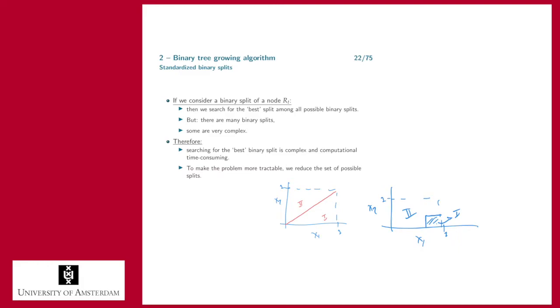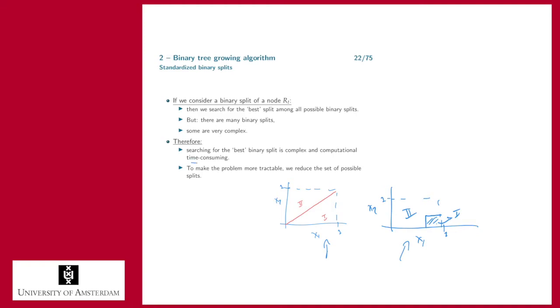If we look for the best split, meaning the split that gives us the biggest reduction in variability in each subspace, we have to consider a lot of different splits. We have to search over all the splits and see which one is the best. But if we allow for all these exotic ways of splitting the feature space, it's a very hard and difficult problem that takes a lot of time to compute.